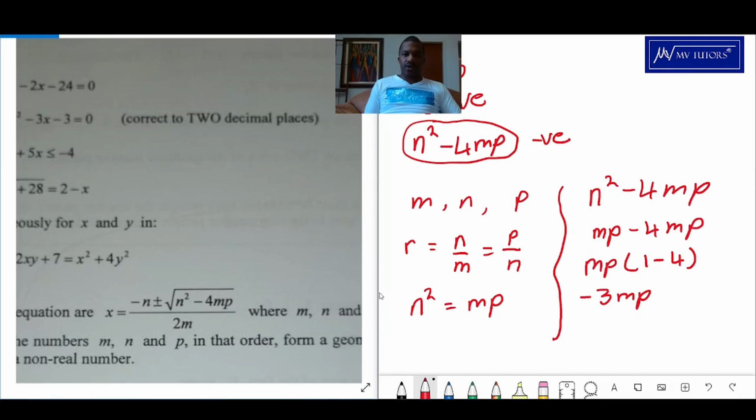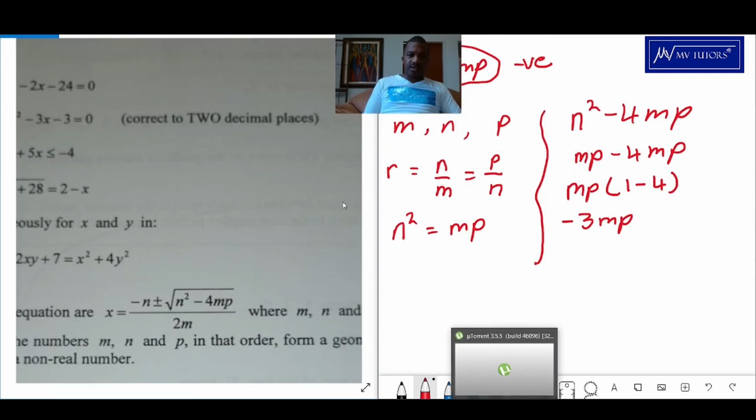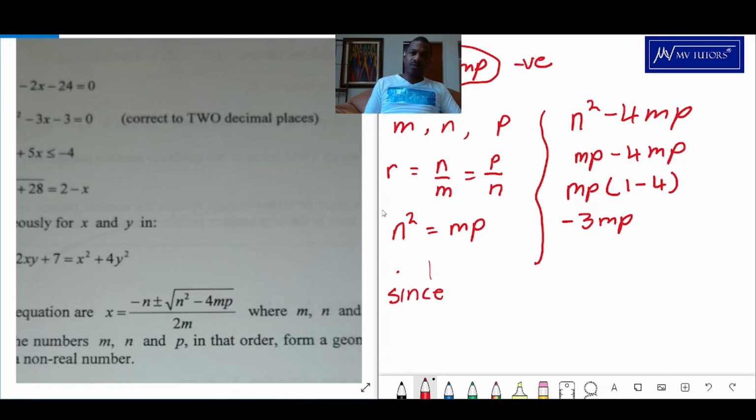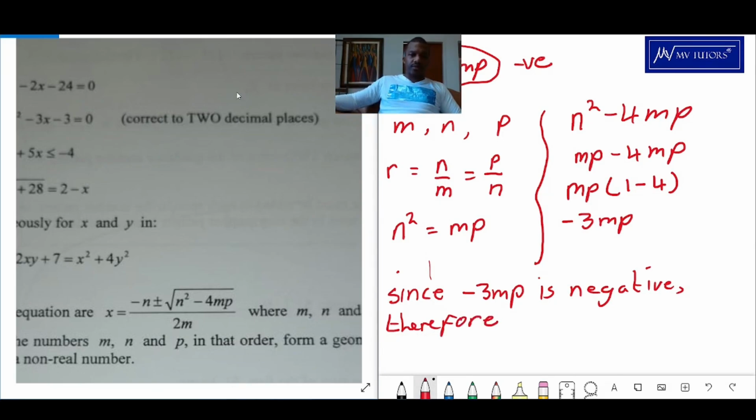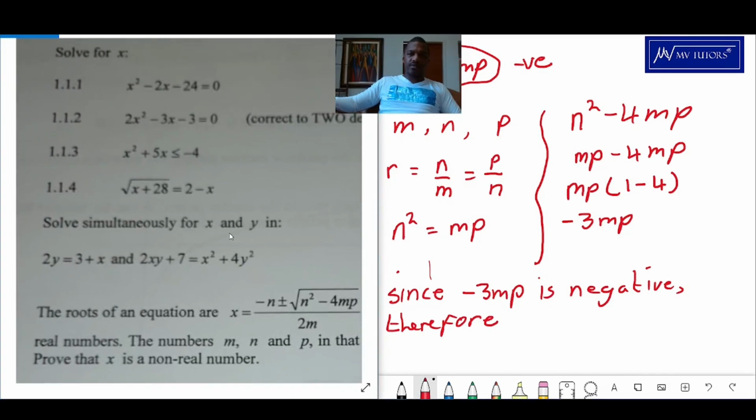Okay, so we can conclude and say, since minus 3mp is negative, therefore, look at this, what did they say?